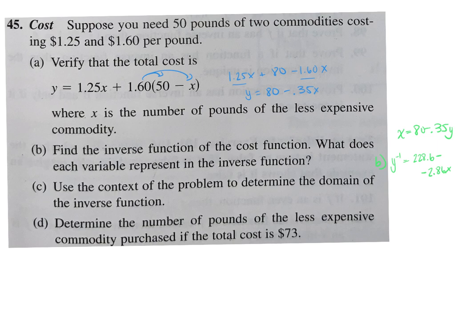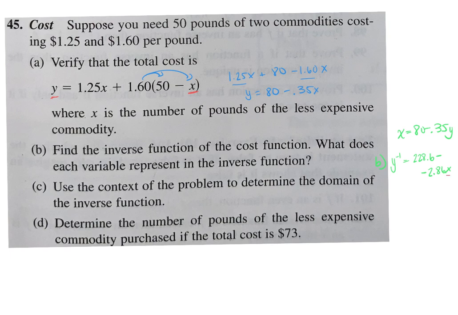Let's look at C. C says use the context to determine the domain of the inverse function. What does each variable represent? If initially the X represented my pounds of whatever I'm buying and my Y represented my cost, then in the inverse, those just flip-flop.